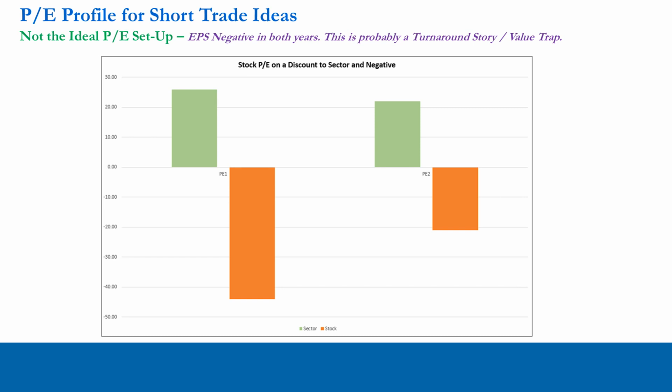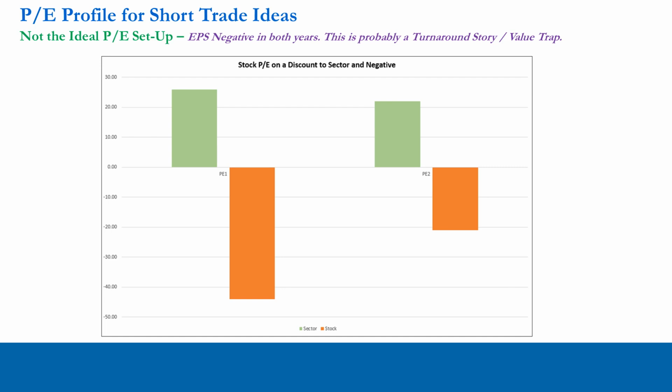If we see this type of PE profile when a company is in phase 4 or phase 5 of the ex-growth phase, this is probably a turnaround story or potential value trap.